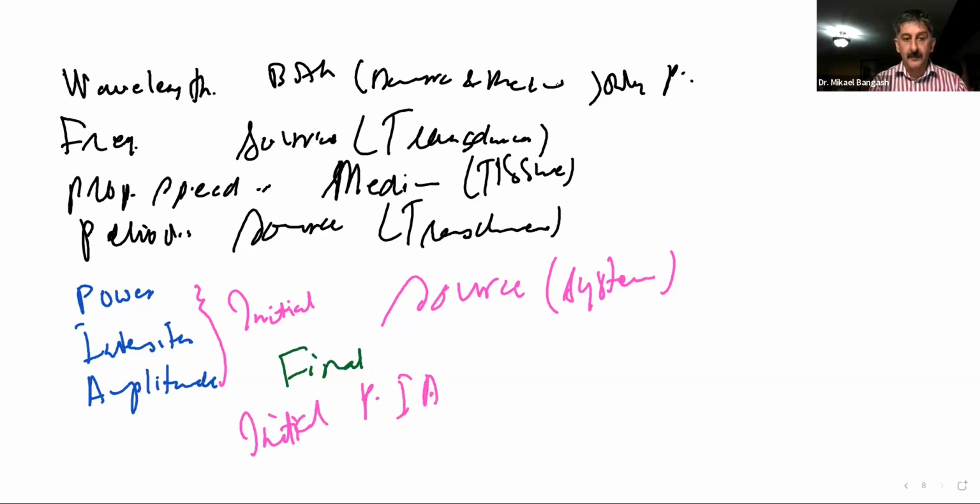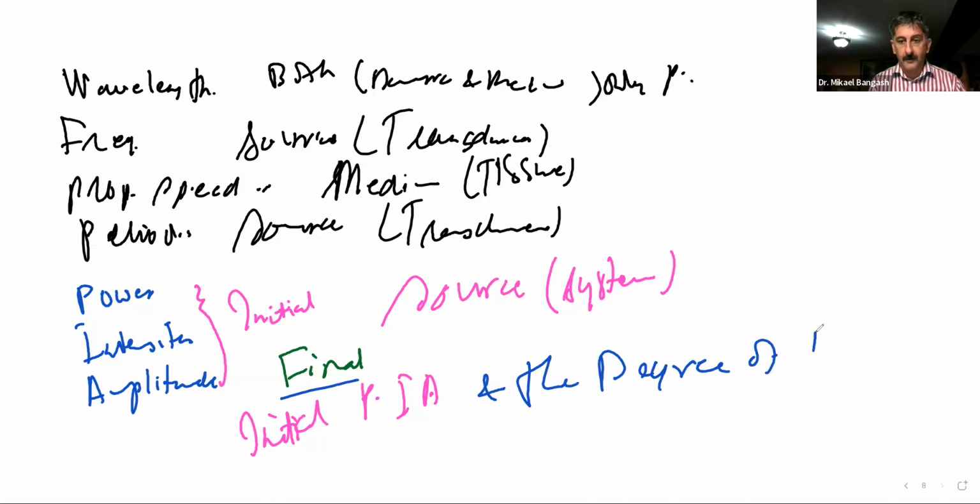And the other factor that will determine your final power, final intensity, and final amplitude is the degree of decrease in the power, intensity, and amplitude as they travel through the tissues.